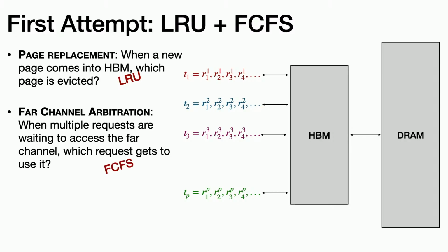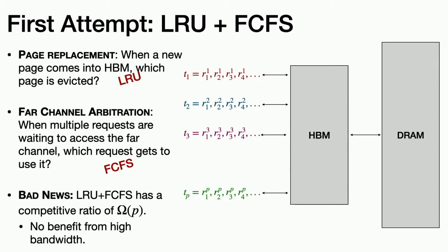Well, let's do something fair: first come, first serve. Whoever requested a page first gets the page first. So this is a policy you could imagine, and we did. And we were like, oh, this policy must be good. What could possibly go wrong? Well, this policy is maximally bad.